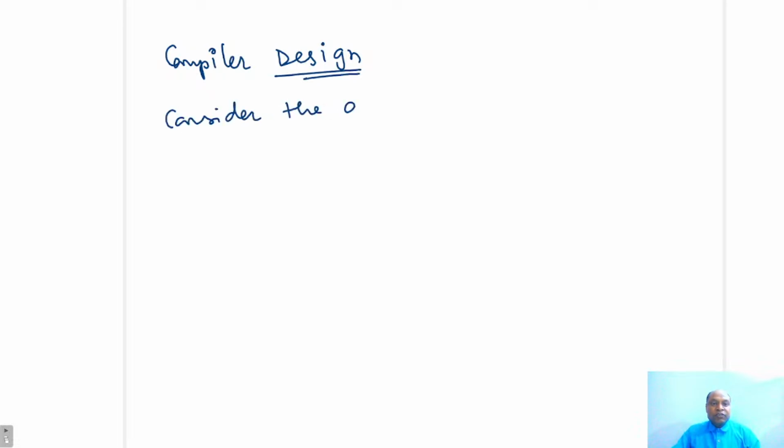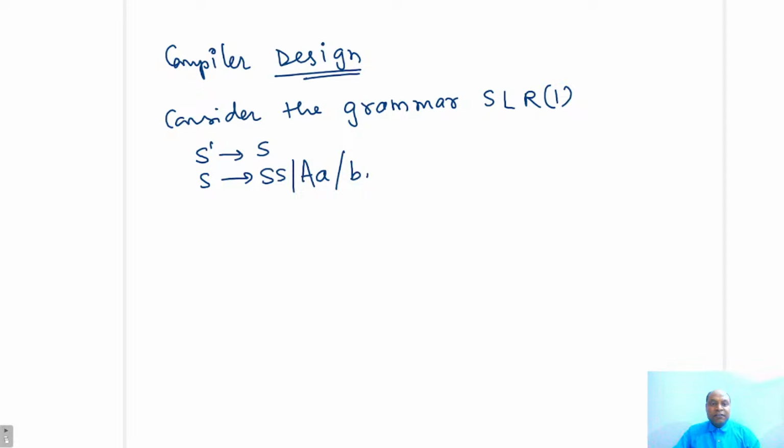The grammar is given as SLR(1). The augmented grammar has S' production, S production: SS or AA or BAC or BC or BBA. Then A production: d hash, and B production: at the rate.